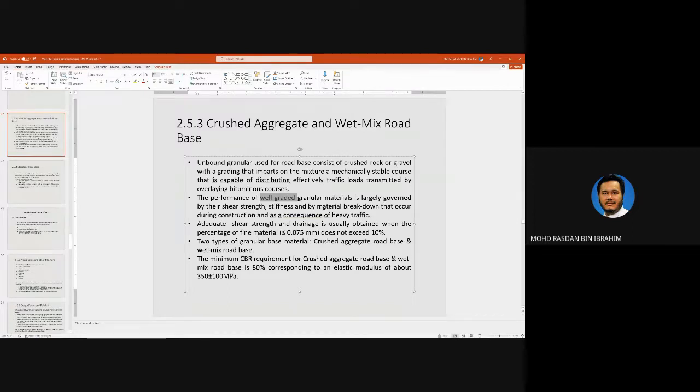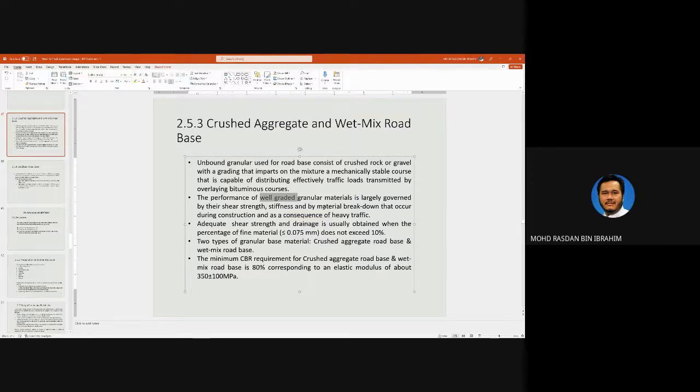So the adequate shear strength and drainage is normally obtained when the fine material does not exceed 10%. You can conduct research to have different combinations. Previous research has come to the conclusion that if the fine material does not exceed 10%, you will get adequate shear strength and also drainage.